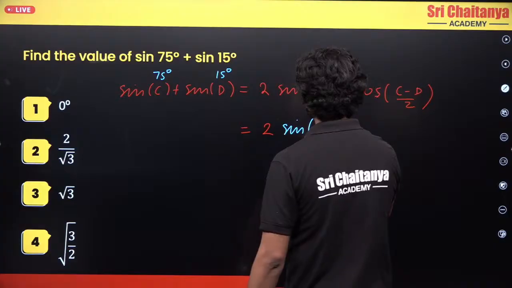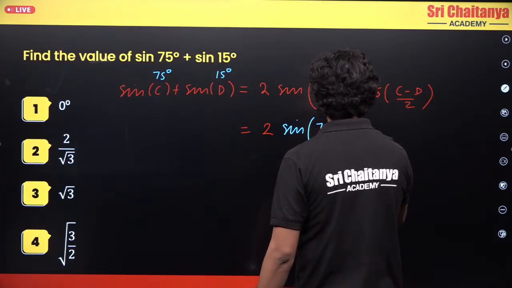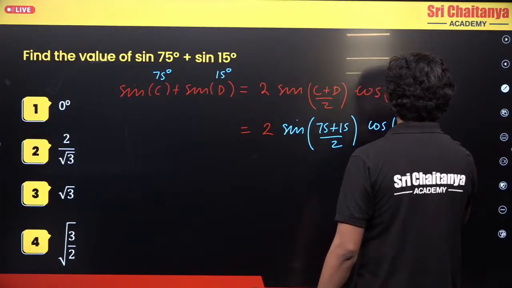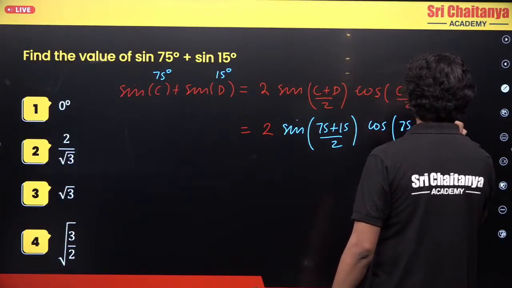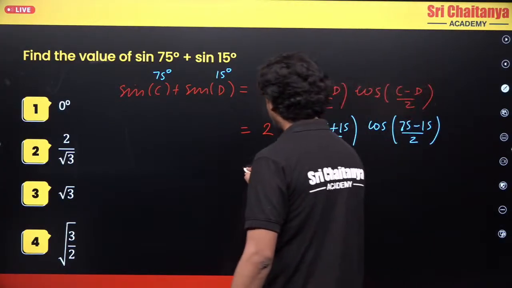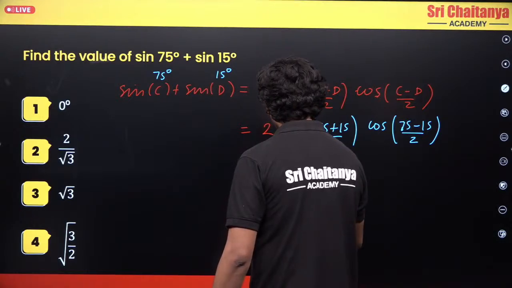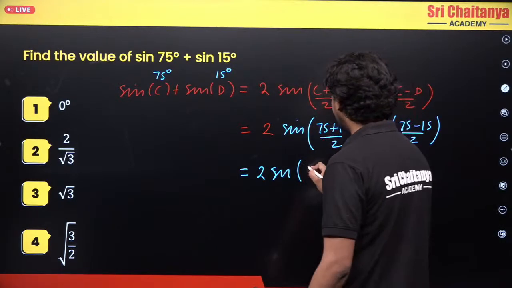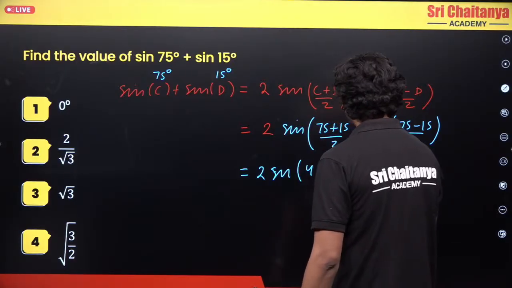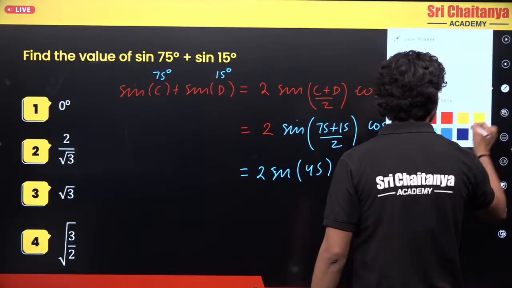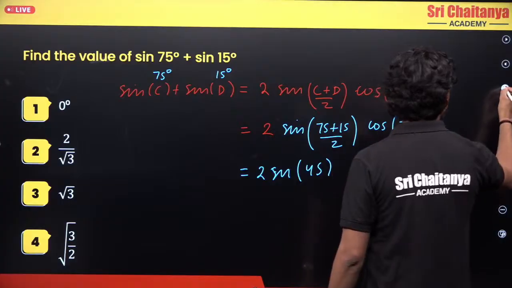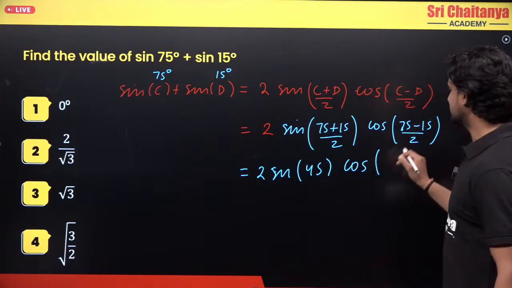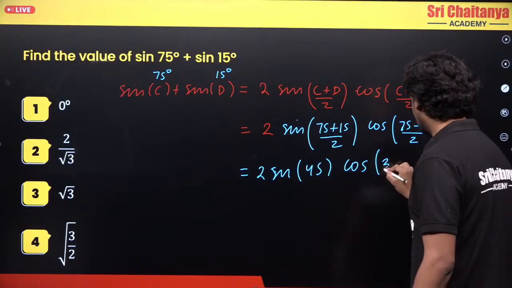So I'll substitute this. This will become 2 sine 75 plus 15 divided by 2 and cos 75 minus 15 divided by 2. So 75 plus 15, 90 by 2 will become 45, and this is cos, this will become 75 minus 15 is 60 by 2 is 30, right?